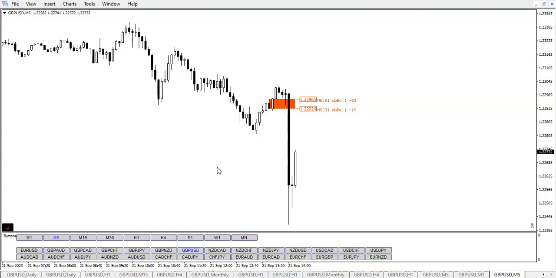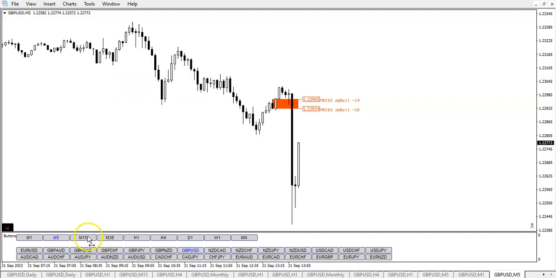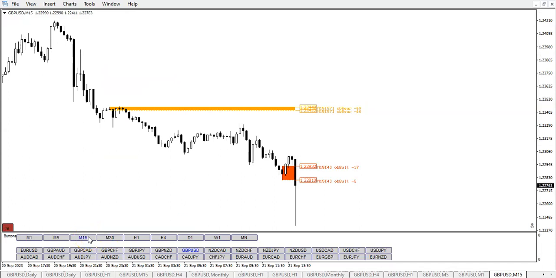Now, interesting. That doesn't look quite right. Let me check something here. Order block.